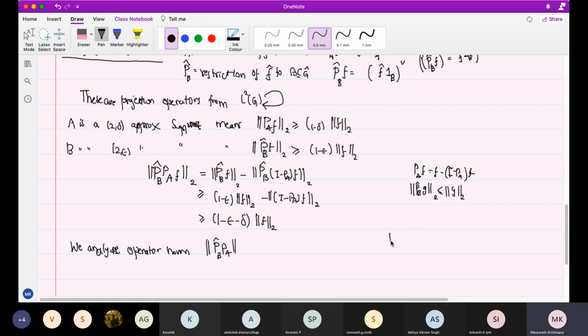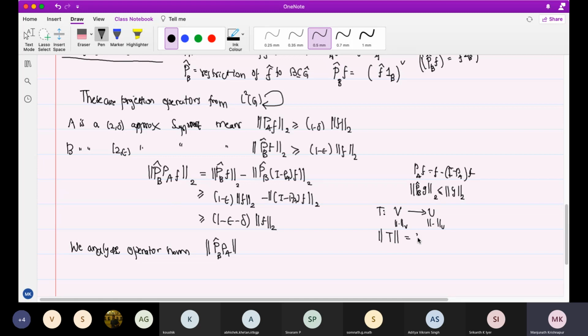Okay, so for any operator T, you may remember the operator norm. T is a map from one vector space to another, with norms on V and U, so it's between two normed vector spaces.